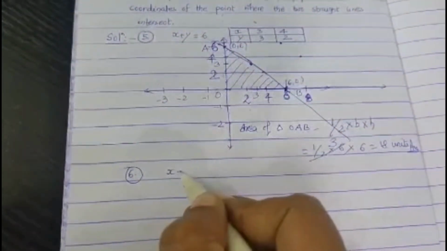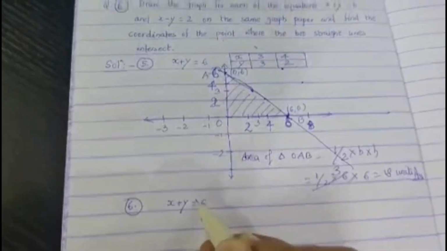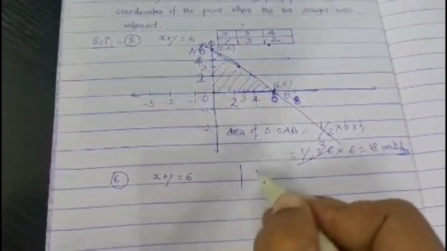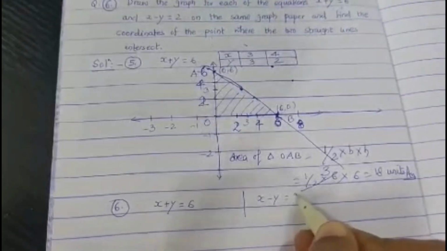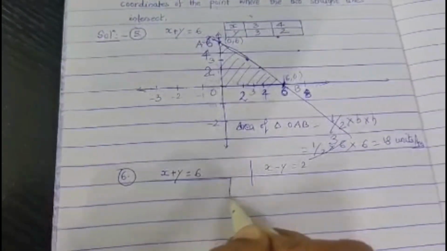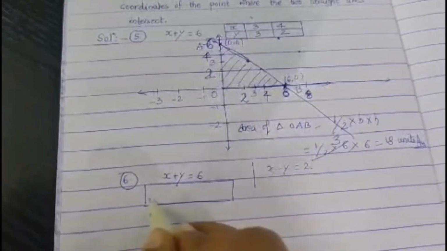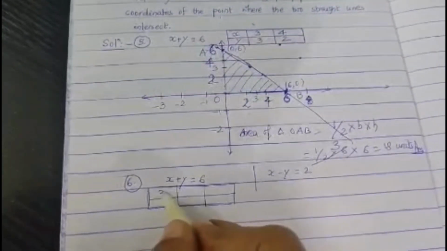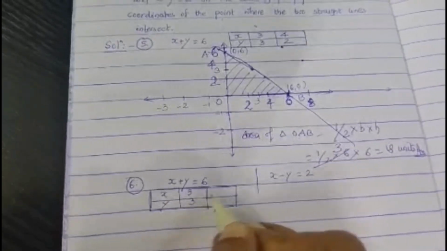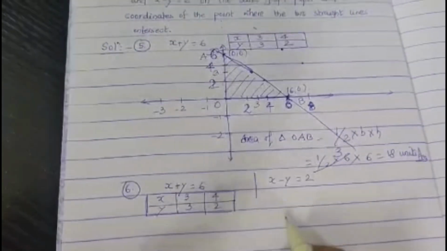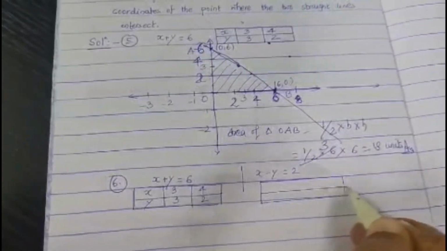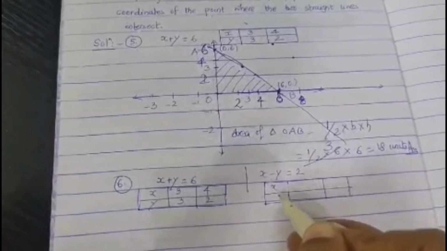So the first equation is x plus y is equal to 6. I think it is the same as given here. Okay. And the second one is x minus y is equal to 2. So we will draw the table first. This will be the same, x y: 3 3, 4 2. Okay. Now here you will have x y.